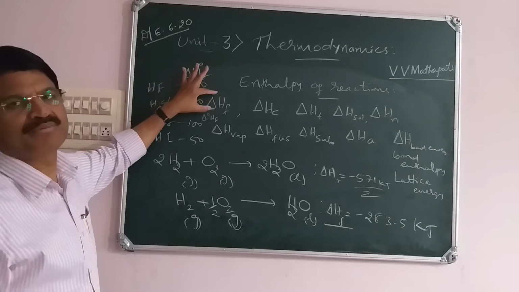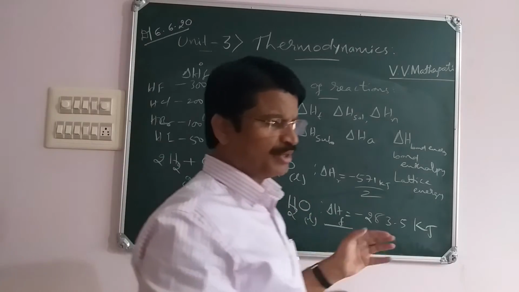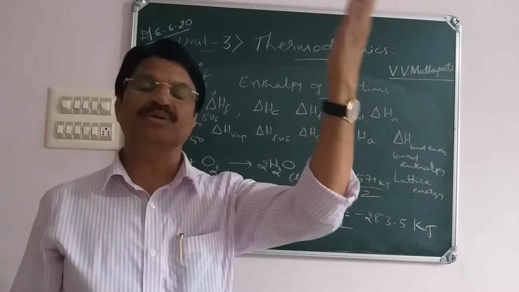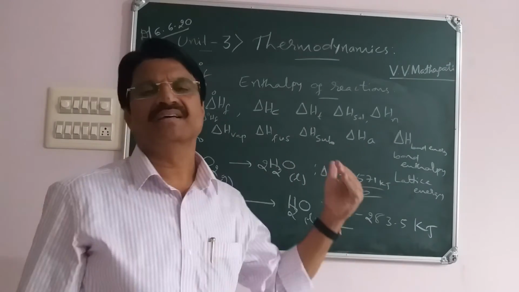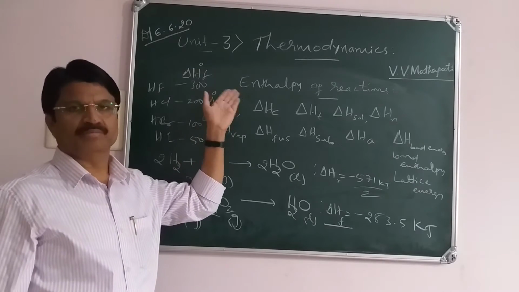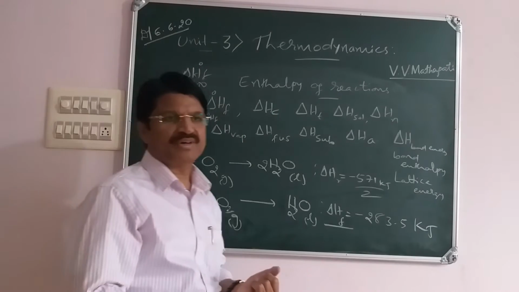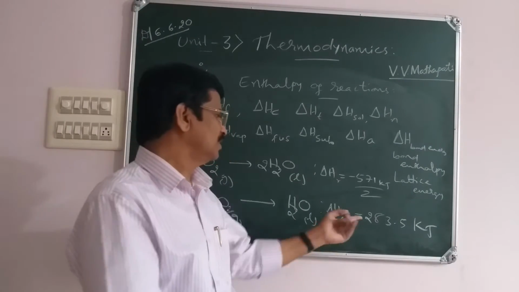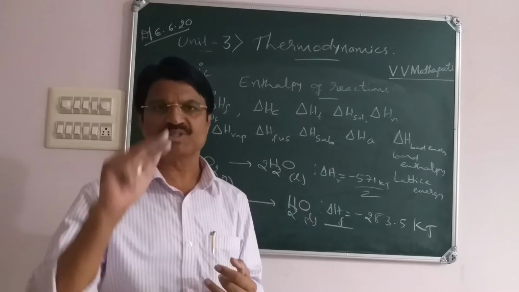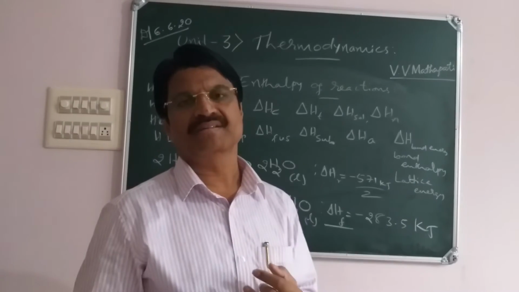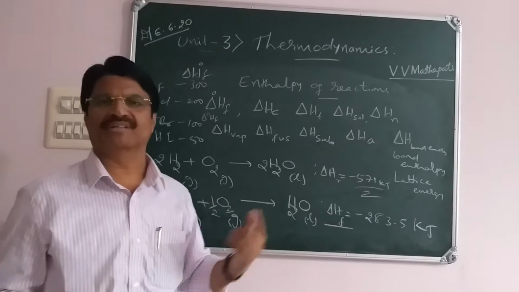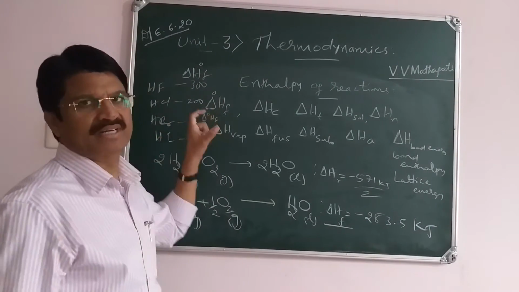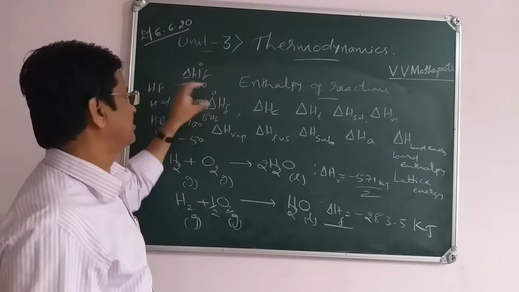Using standard enthalpy of formation values, we can decide which compound is more stable or less stable. If delta H is more negative, the compound is more stable. Delta H for CO2 is minus 393.5, and for water it is minus 285.5. The lesser value is minus 393, therefore CO2 is more stable than water. Using this value, we can study the stability of compounds.